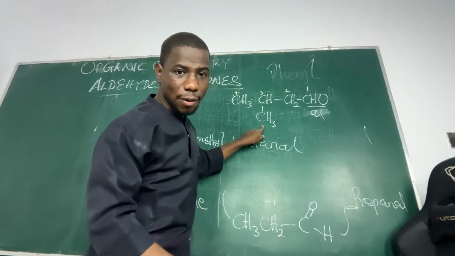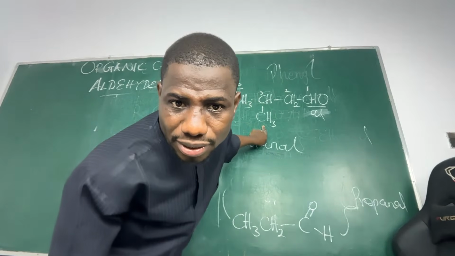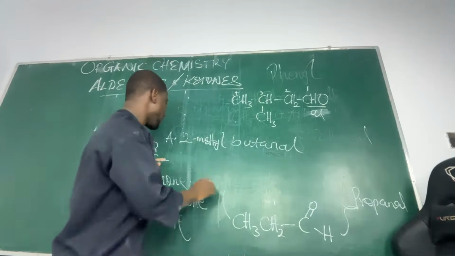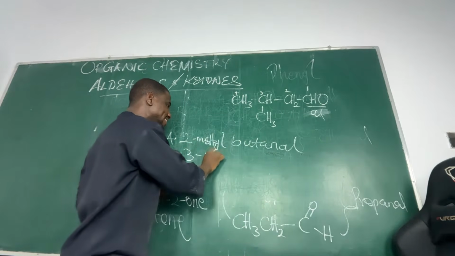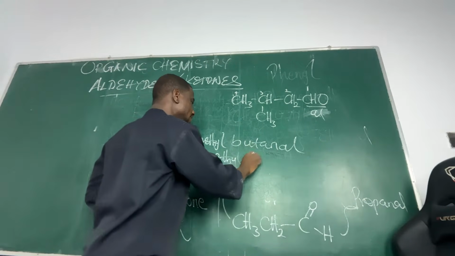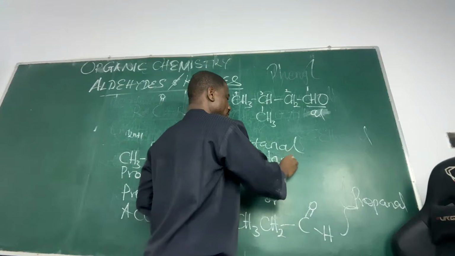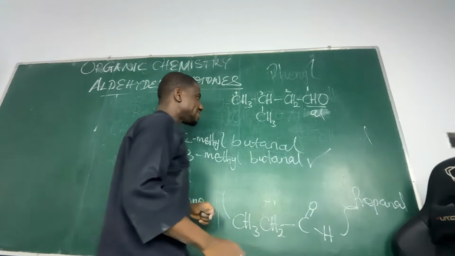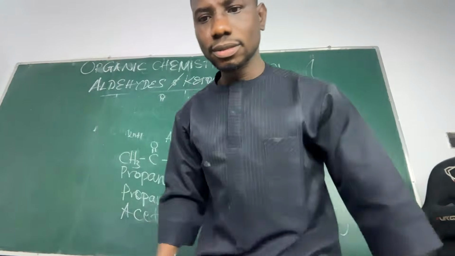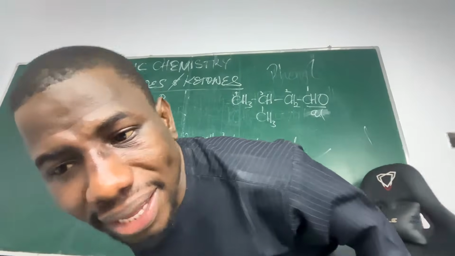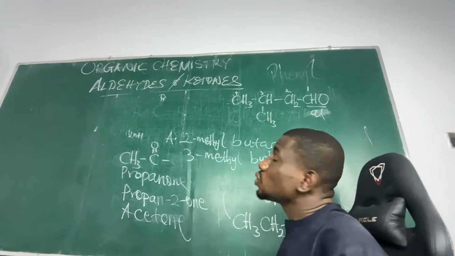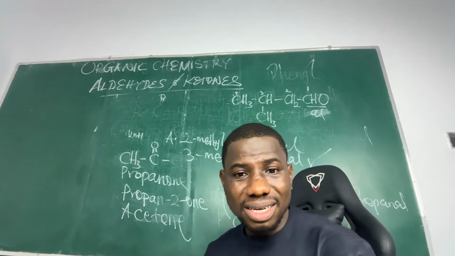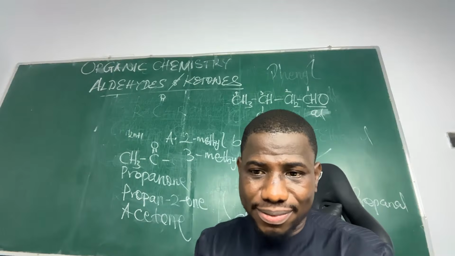So this methyl branch is at which carbon? Carbon 3. So the name is 3-methyl butanol, and not 2-methyl butanol.